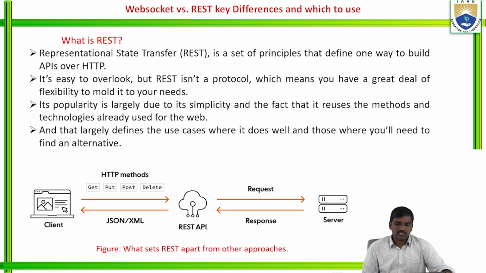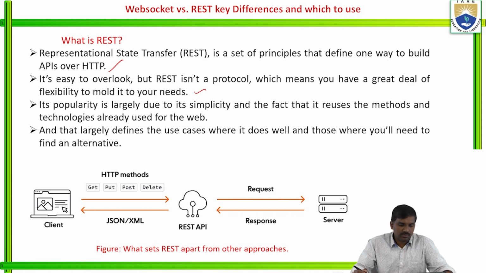Next, what is REST and what are its key characteristics? REST stands for representational state transfer, as we discussed in the last lecture. It is a set of principles that define one way to build APIs over HTTP. It's easy to overlook, but REST is not a protocol, which means you have a great deal of flexibility to mold it to your needs.